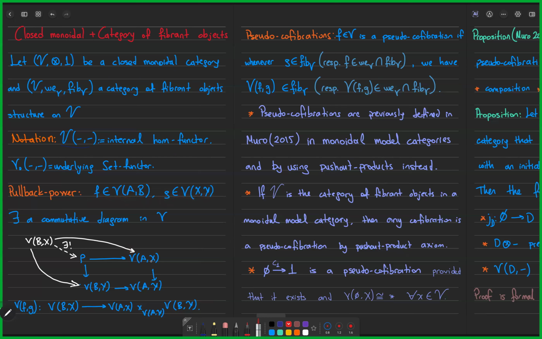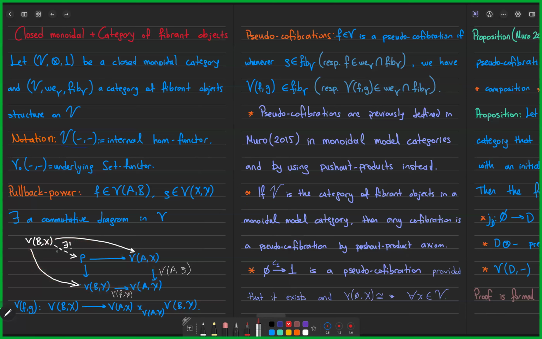Here we have V A G as the vertical map, and this map is V F Y. When we take the pullback of them, there is a unique map from V B X to this pullback, because the square formed like this is a commutative square.